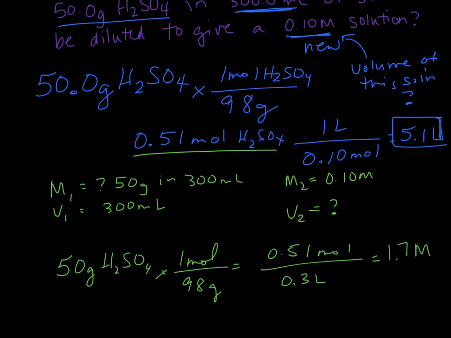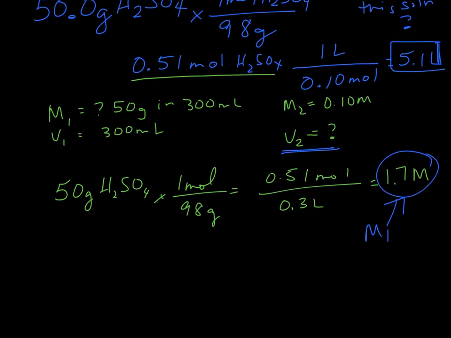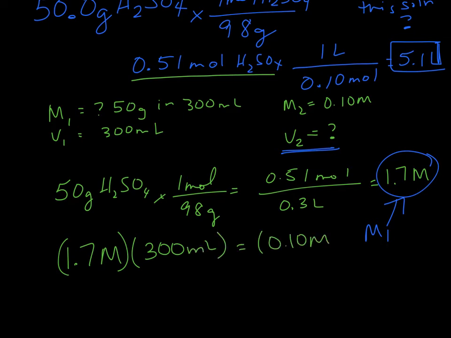Okay, so then from there, I can plug this in as M1. So now I have everything that I need to be able to solve for V2. So 1.7 molar times 300 milliliters is equal to 0.10 molar times V2.